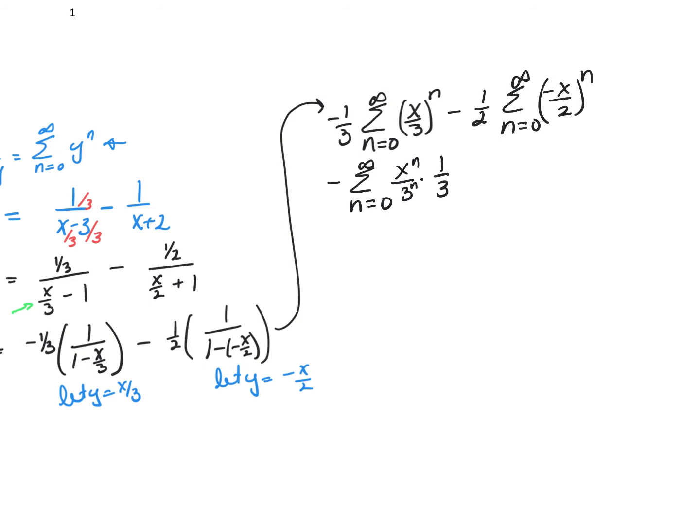I'm going to do something similar to the second one, but it's going to pull in a negative 1/2. Now, the reason I didn't pull in a negative 1/3 is because this isn't a negative 1/3. This is a positive 1/3, but this one I can write as a negative 1/2: the summation of n equals 0 to infinity of negative 1/2 raised to the n, x to the n, multiplied by a negative 1/2.